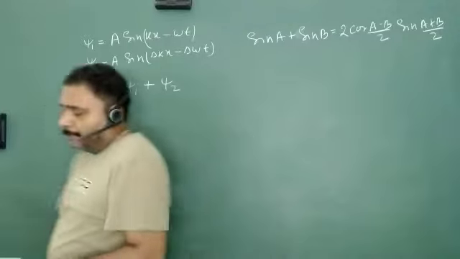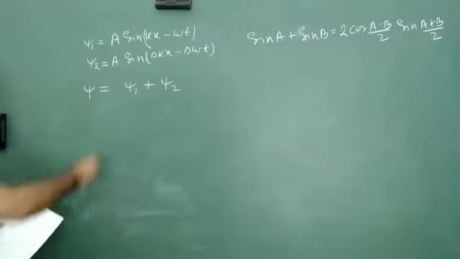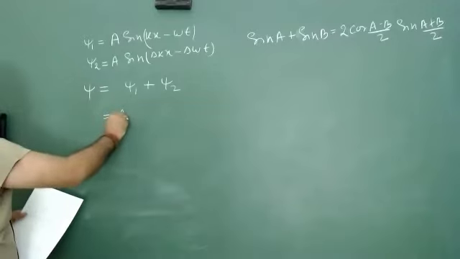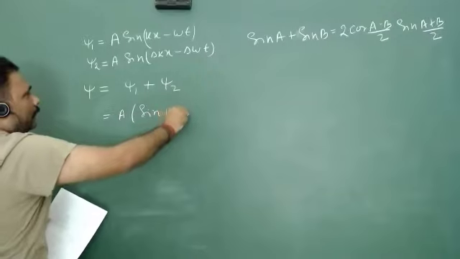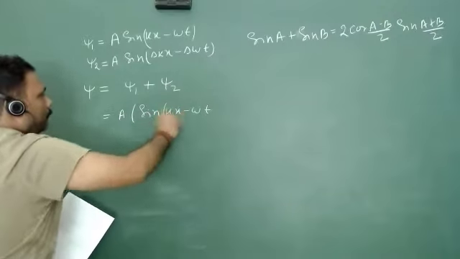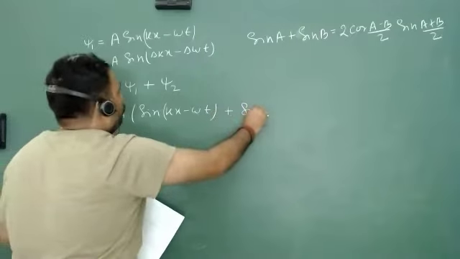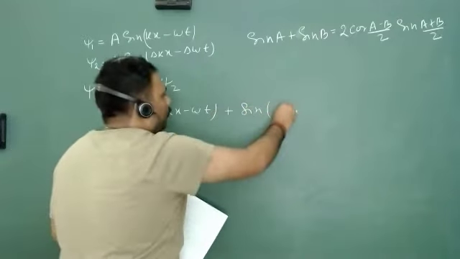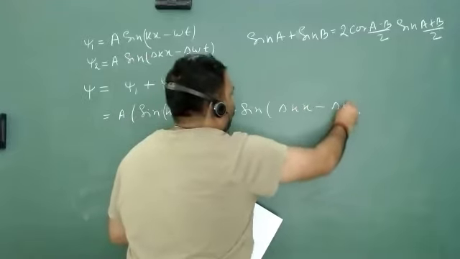So what will happen when you superimpose this? You take A common, and then you can write sin(kx minus omega t) plus sin(k plus delta k)x minus (omega plus delta omega)t.